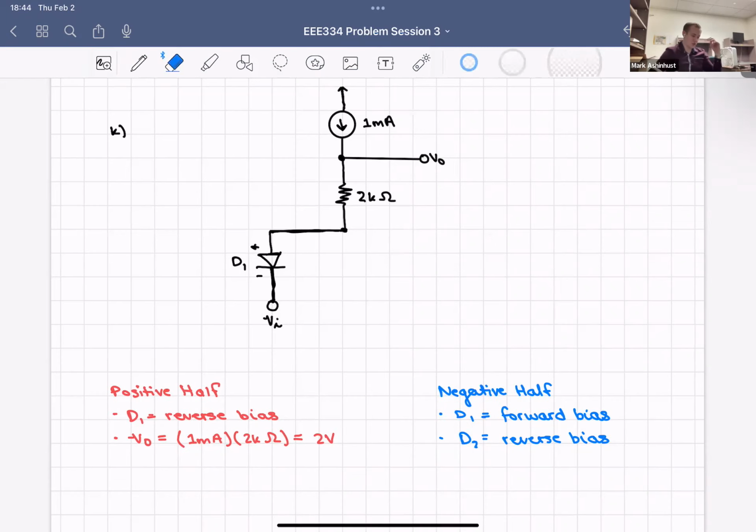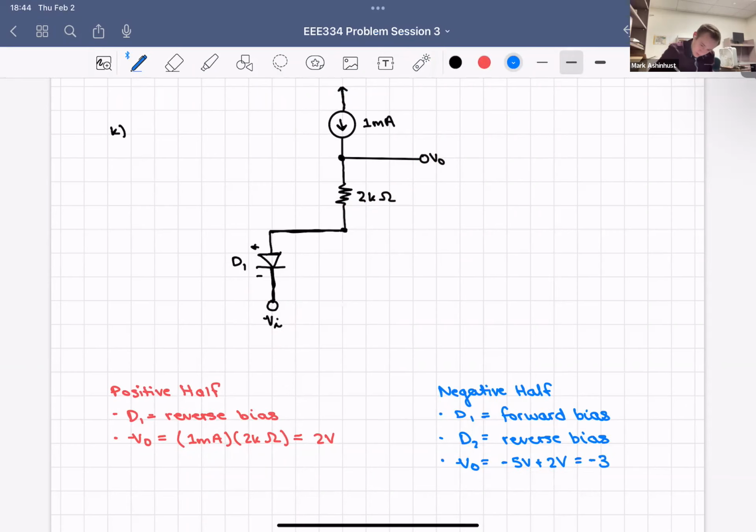So our V output is going to be negative 5 volts plus that 2 volts. We have that positive 2 volts coming from up here, but we have our negative 5 volts coming down here. So that'll give us a total of negative 3.